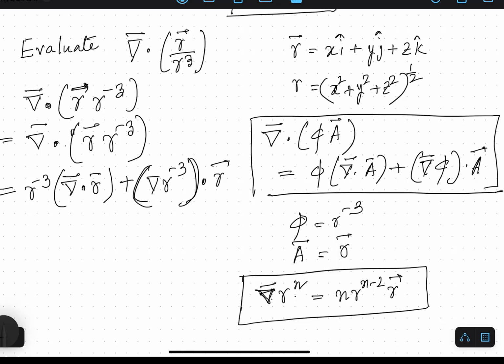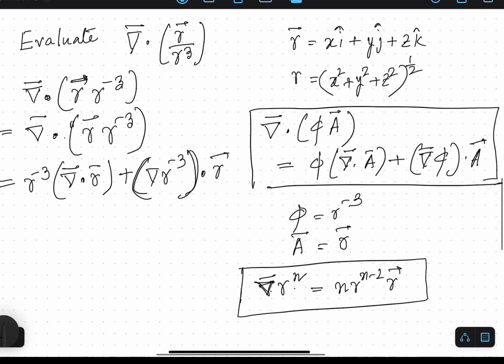I will also use another very important identity, already discussed in class: divergence of r has the value 3. This can be proved by calculating the divergence of vector r. It is easy, and we have done it in class several times. So divergence of r equal to 3, that you have to remember.